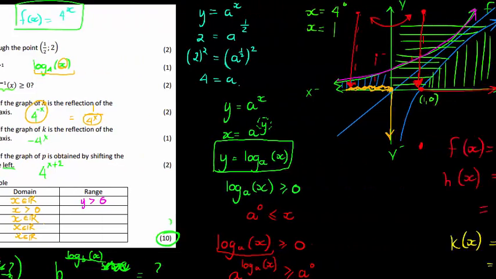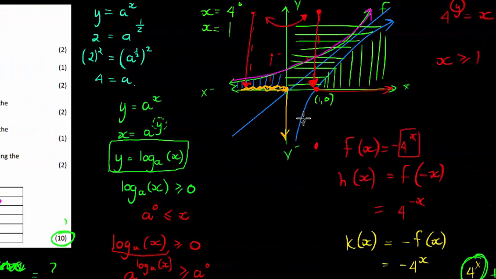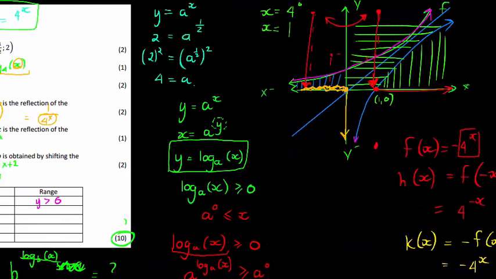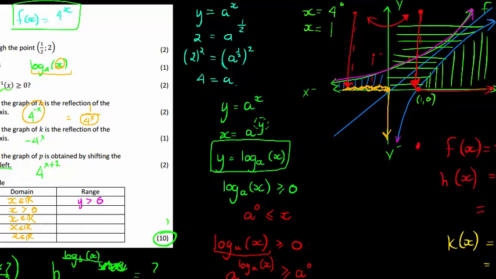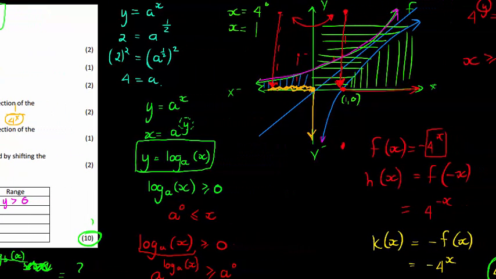Okay, for this one, what can this one's range be? It's what y values? I'm thinking any number. Wait, when reading the graph, we read from right to left, right?